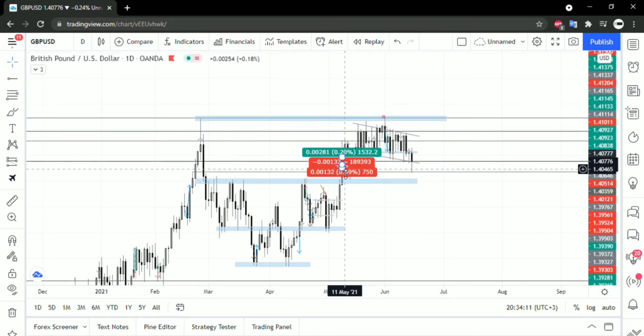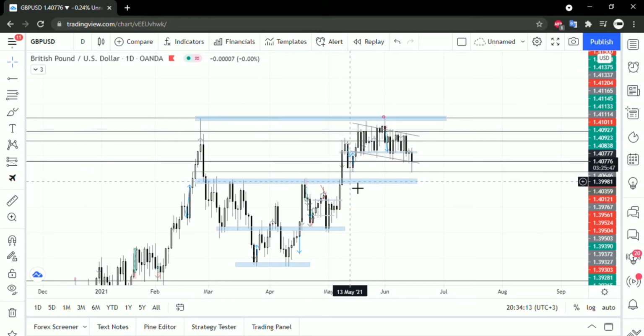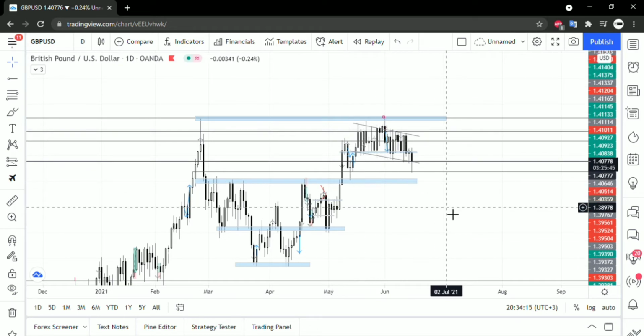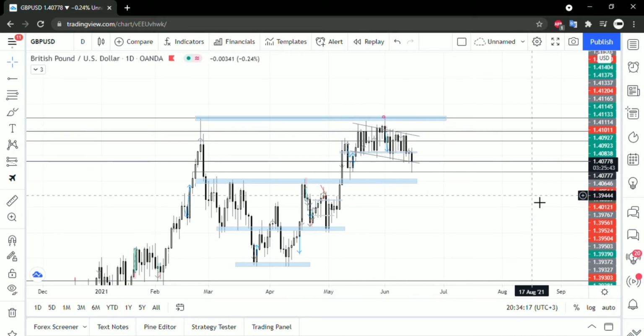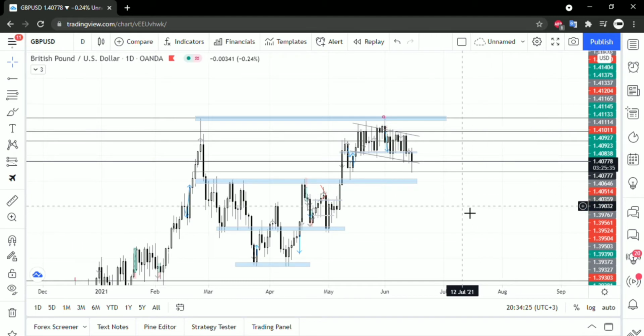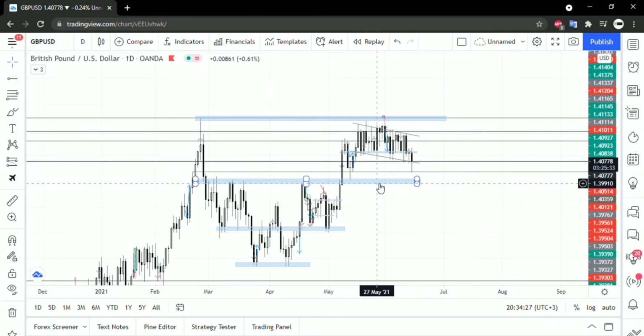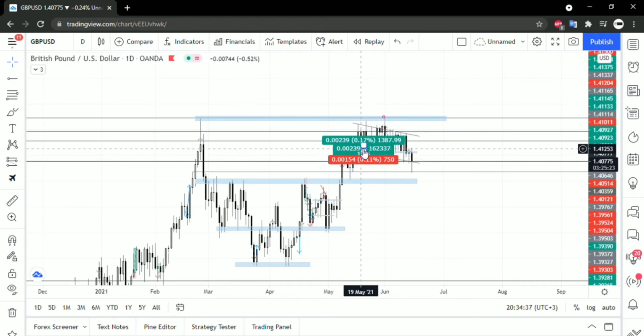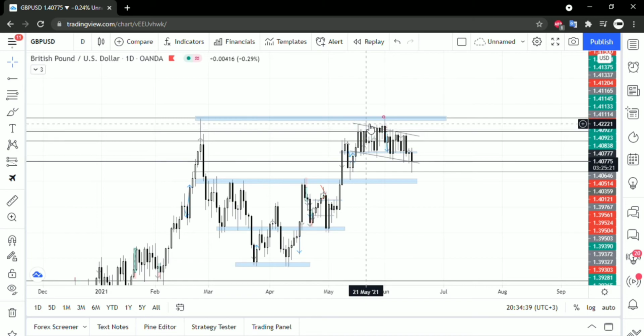From this candlestick pattern, which is called a spinning something, I'll put it in the description, it failed to break below this specific level, so it found support. Now the resistance became the support, and as you can see, the pair continued to move to the upside.